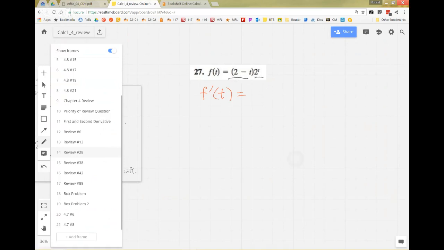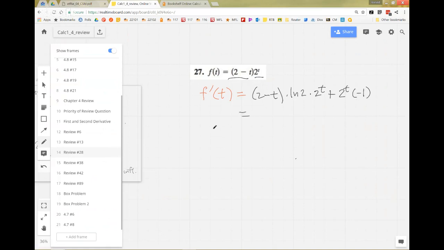Okay, the first of the second. And now for the derivative of the second, we have to take the natural log of 2 times whatever it was before, 2 to the t. Okay, plus the second times the derivative of the first, which is like we did a few seconds ago, negative 1.